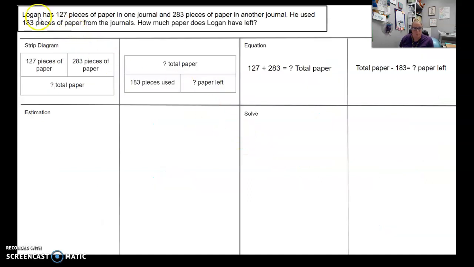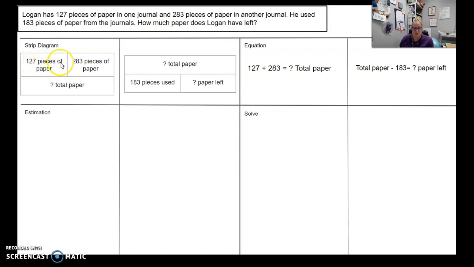So our first problem said Logan has 127 pieces of paper in one journal and 283 pieces of paper in another journal. He used 183 pieces of paper from the journals. How much paper does Logan have left? Now remember, we created our strip diagram, and we have two equations because there are 2 steps. So our first step was a strip diagram that looked like this.